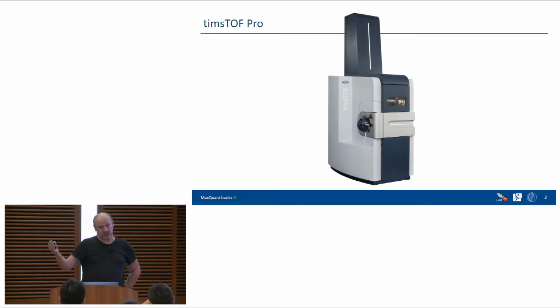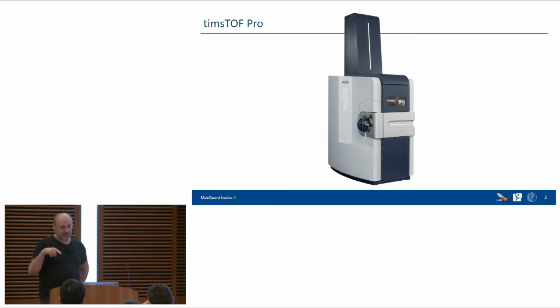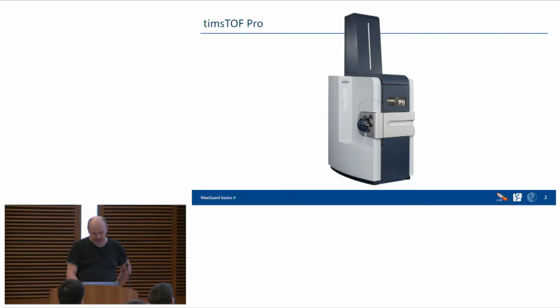So the data used to be mass, retention time, signal intensity, and now we have a fourth dimension added, which is ion mobility, scanned on a very short time scale through every cycle that you do through the mass values.